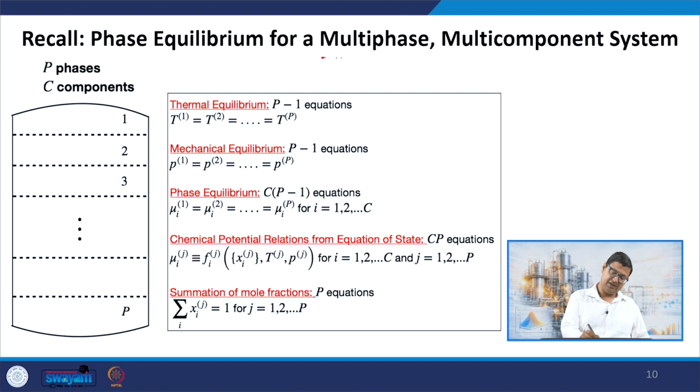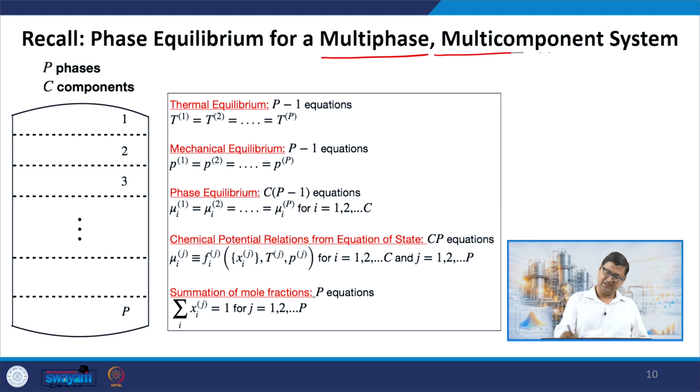So the typical situation is that we will have multi-phase conditions inside the separation process. No matter what the separation process is, it will typically be in a multi-phase situation. It can be 2 liquids, it can be liquid and vapor, it can be liquid and solid or whatever.